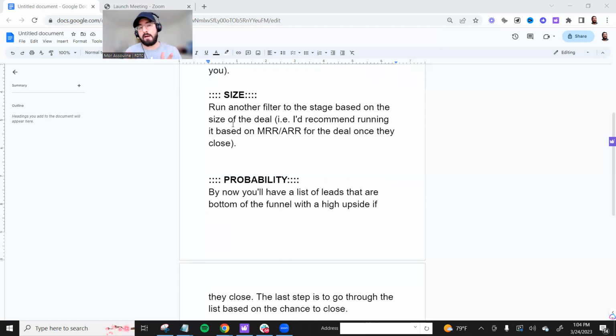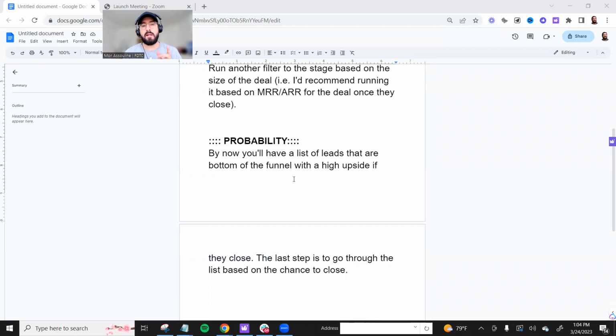If you do have this, then it's already built in, so that's fine. What I'd also recommend looking at for probability, which you may not have a filter on, is the level of engagement that lead has with you, or had with a previous rep that was working that deal. You're looking for a mixture of email engagement, phone calls, notes.